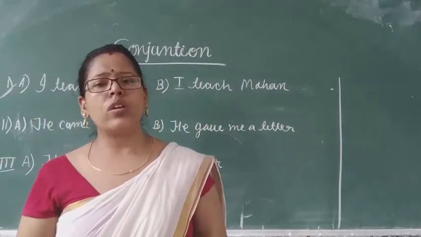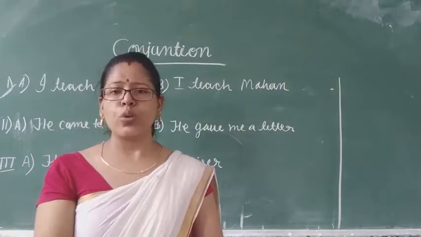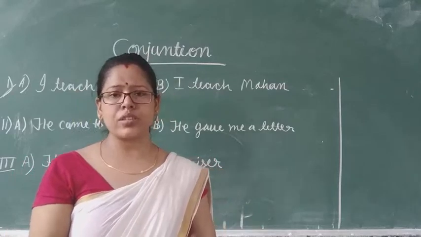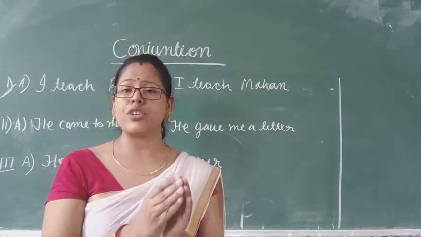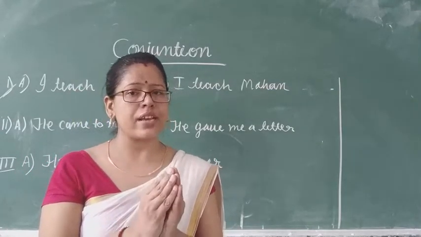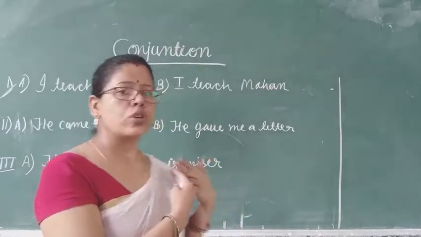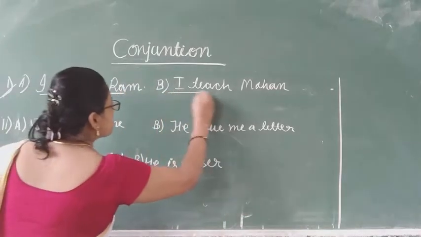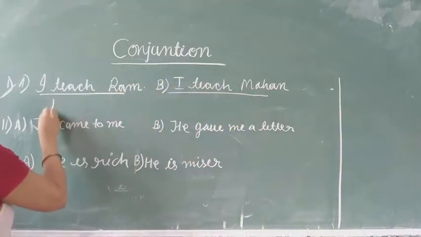Because you know already in the definition I told you, it is the work of the conjunction to join. We can use the conjunction to join two sentences. So the same thing we are going to do here. Look at here.